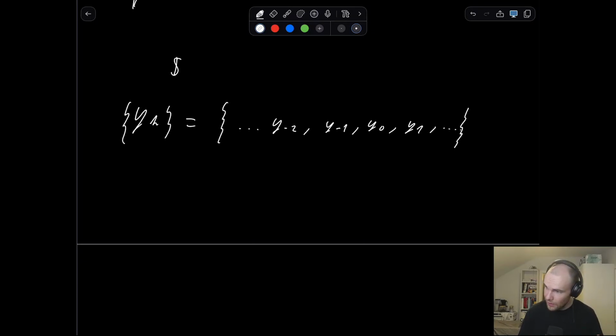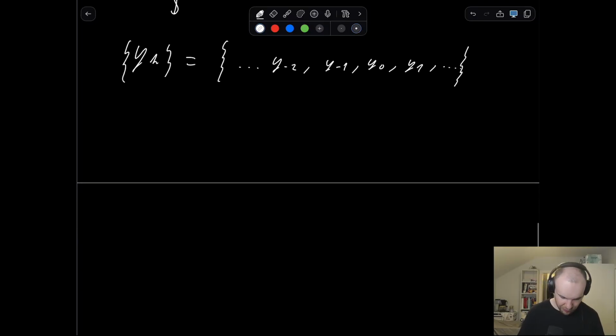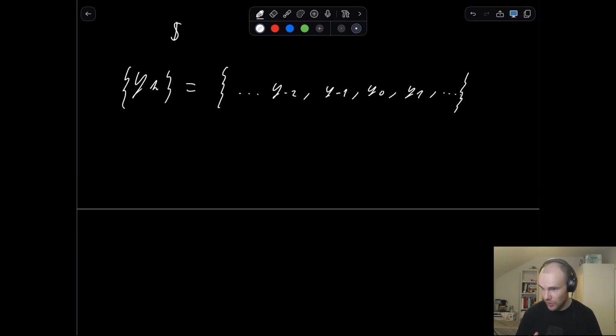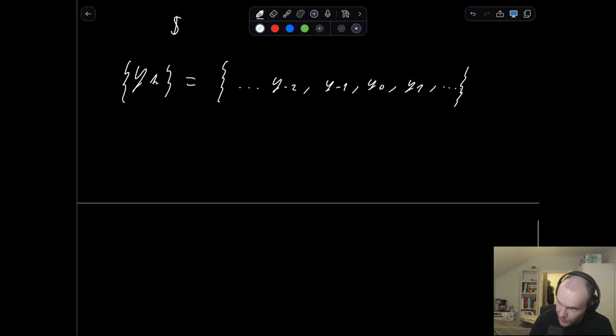And now we could check if, let's say this was discrete time signals, but let's say instead that we had finite supported signals, which means that we are going to have a finite number of non-zero values. So another vector space, let's call it S again, but F for finite.